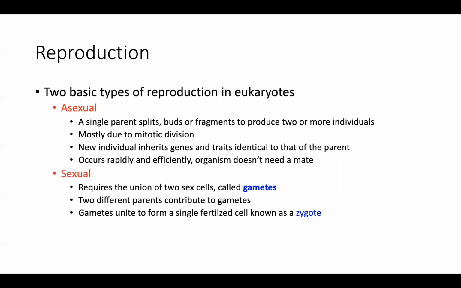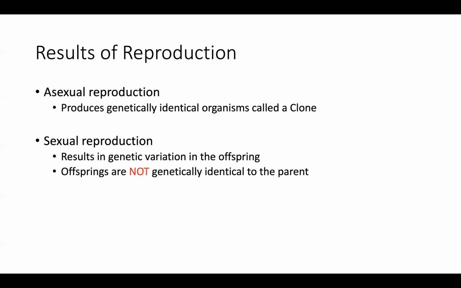And so these two basic types of reproduction, asexual and sexual reproduction, are how we generate new organisms. The results, again: asexual reproduction is going to produce genetically identical organisms, sometimes referred to as a clone. You can think about asexual reproduction kind of as cloning.